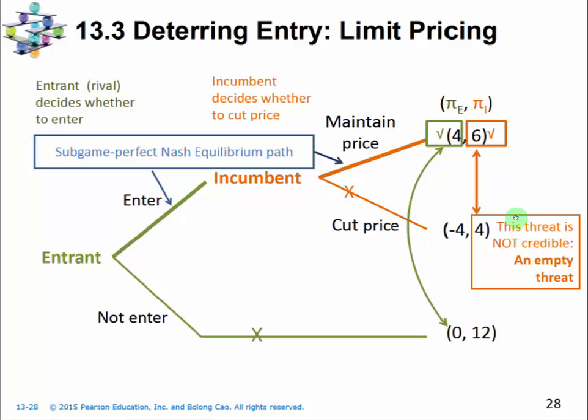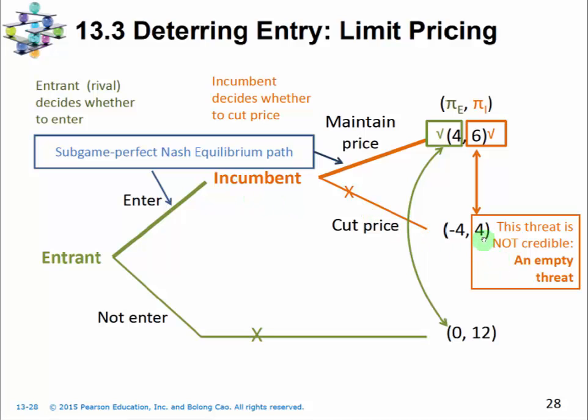Obviously, the incumbent still hopes that it can make a threat saying that I will start this price war and you will lose 4, and then keep the entrant out to still make these 12 profits. But the entrant knows all the payoffs. The entrant has complete information about the payoffs, about the fact that the incumbent does not have a cost advantage.